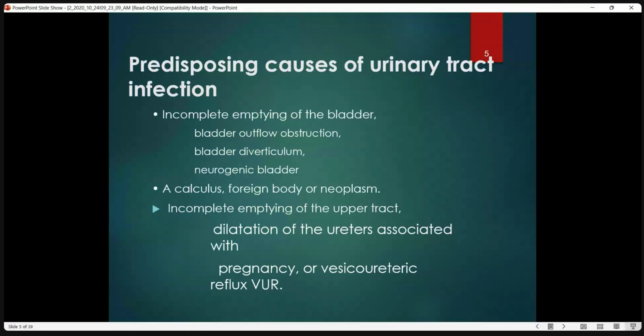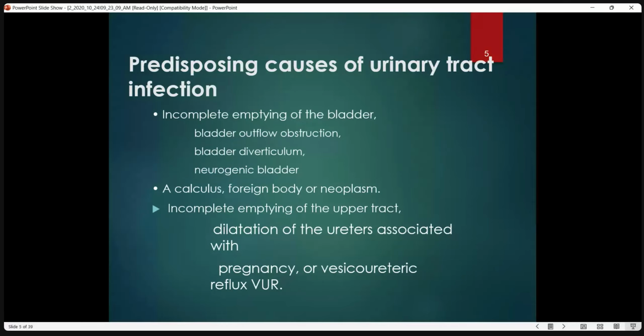All these things are explaining why people would have incomplete emptying of the bladder. There's either a neurogenic complication, or there's a physical obstruction, or maybe something like cancer or just an abnormal growth along that lining.